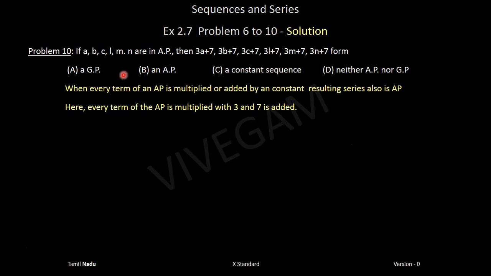So we took this series and multiplied it by 3, so it became 3A, 3B, 3C, 3L, 3M, 3N, and then added 7 to it. Then it will become 3A plus 7, 3B plus 7, 3C plus 7, which means this is also an AP. So the option we need to select in this case is that it is an AP.